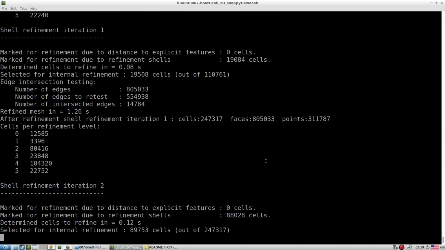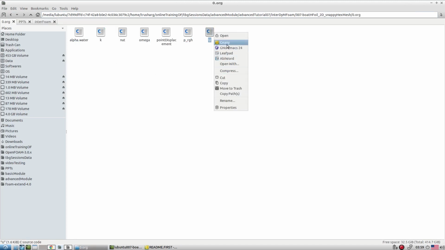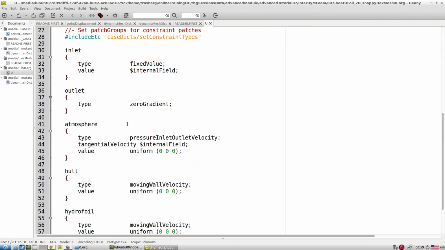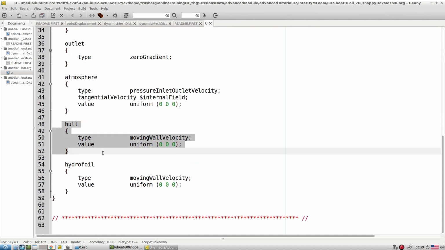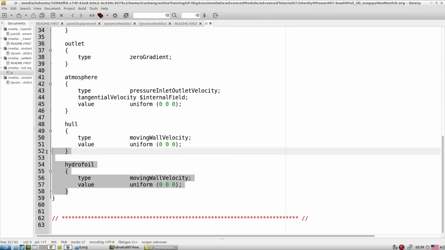An STL file is provided, and based on the STL file and all the refinement and layer settings, it gives us a very nice mesh. Meanwhile, let's look at a few entries. The hull and the hydrofoil are both moving based on the 6 DOF, so it is a combined motion for both of them.